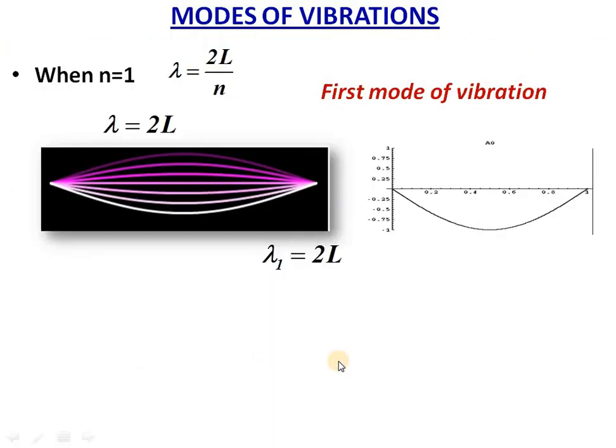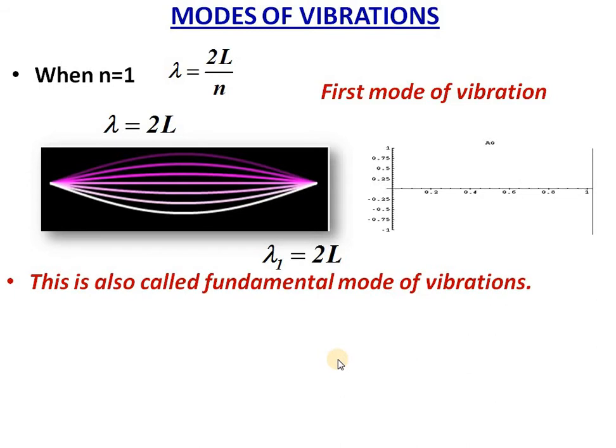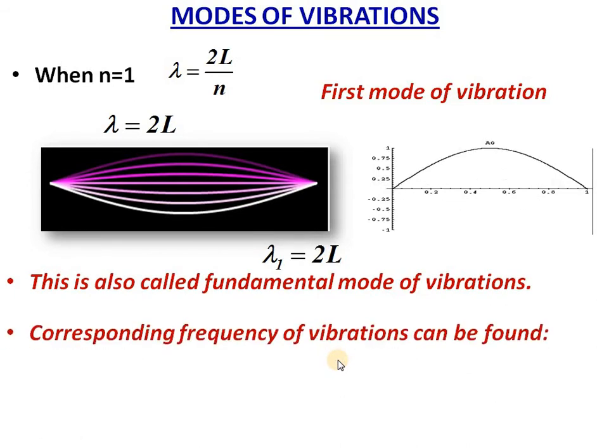Now let us again proceed. And of course this is called the fundamental mode of vibration. N is equal to 1 is called the fundamental mode, and corresponding to the wavelength, you can also derive the expression for frequency, because if there is an oscillation with a wavelength, there is definitely a corresponding frequency. How will we find it?